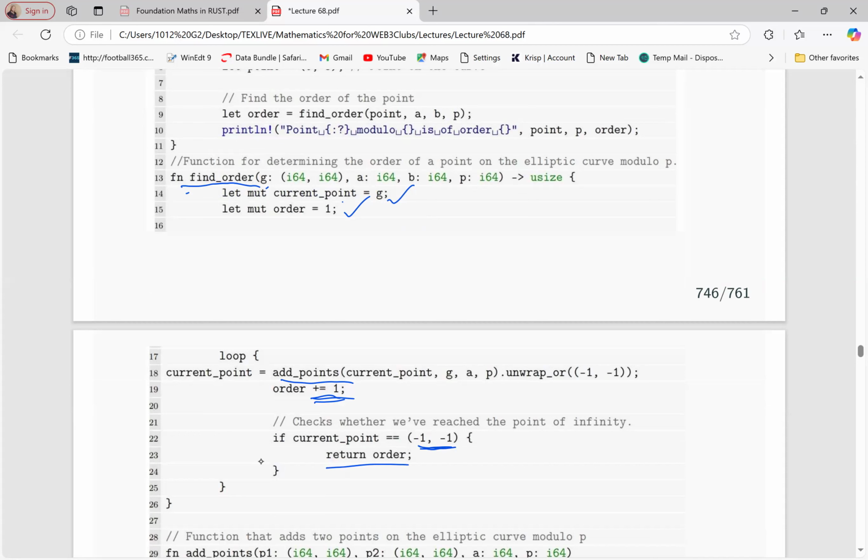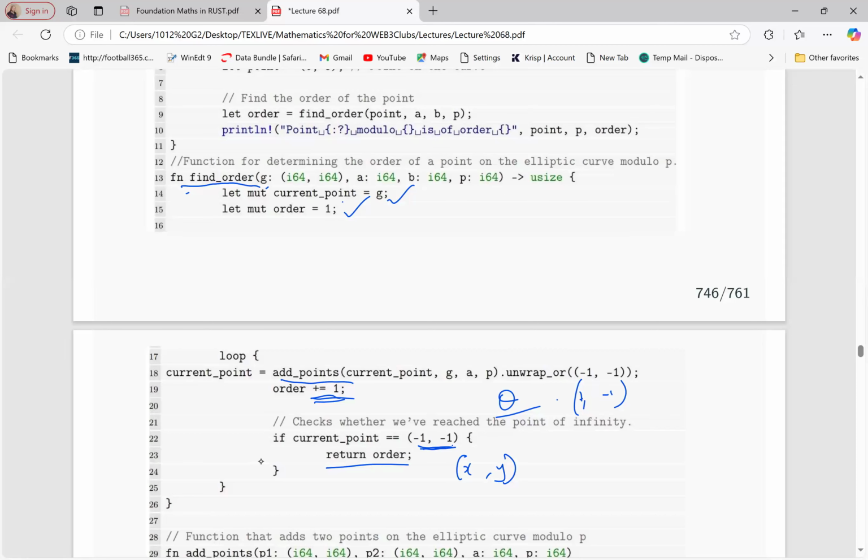I use -1, -1 because when you're adding, you're supposed to get a point with an X value and a Y value. And when you talk of the point at infinity, the X value and the Y value of this point are not known. So once we reach -1, -1, we take that to be the point at infinity.